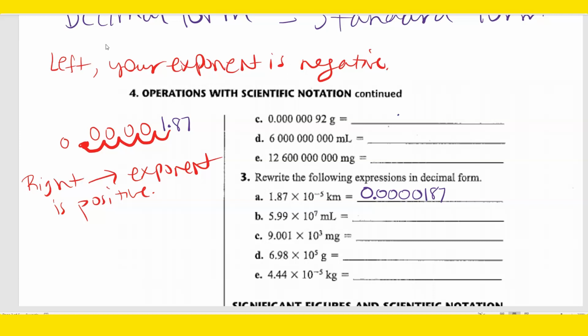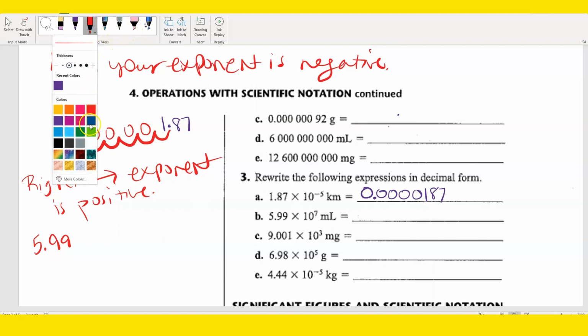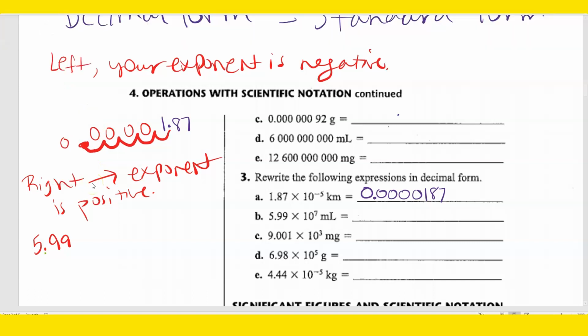You've got 5.99 times 10 to the 7th power. So that means I'm going to move my decimal 7 times to the right. All right, so here we go. 1, 2, 3, 4, 5, 6, 7.